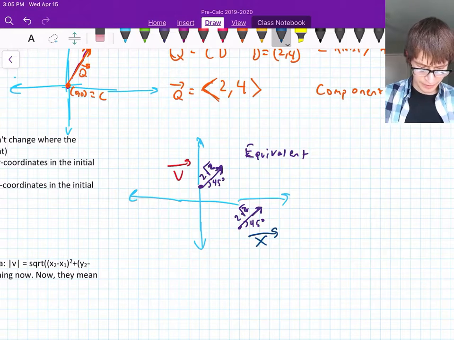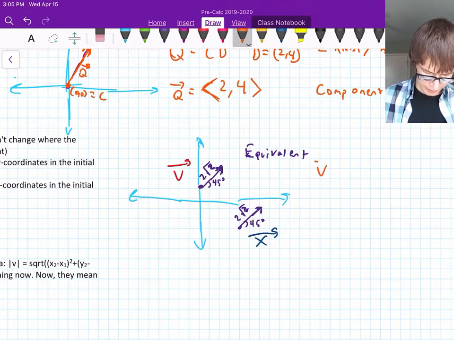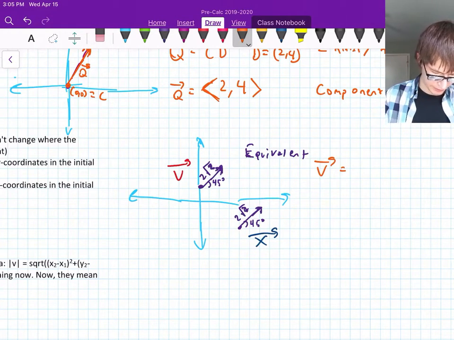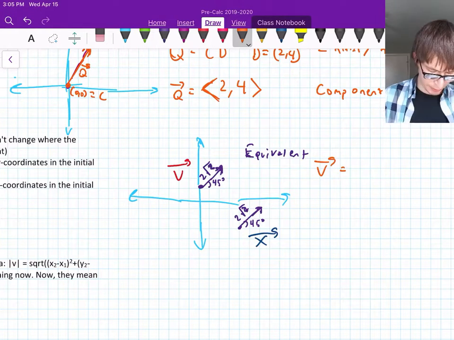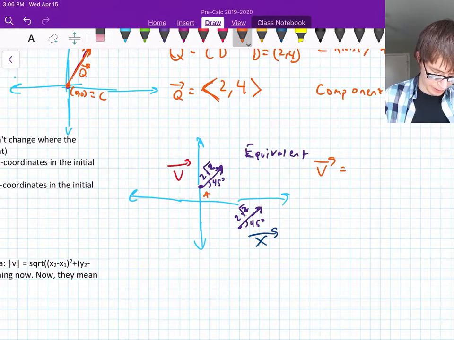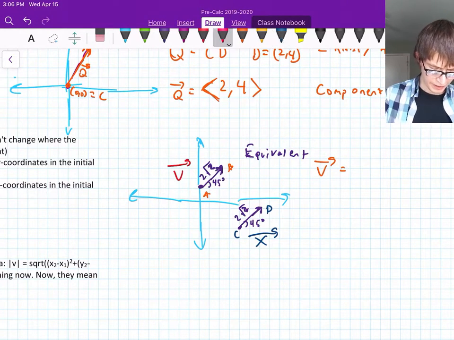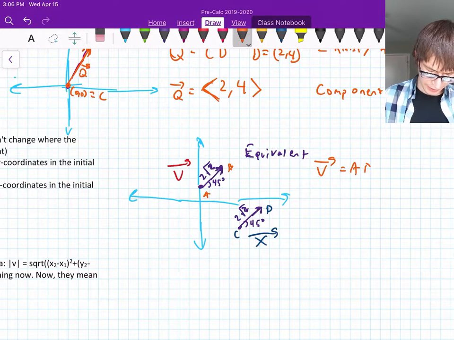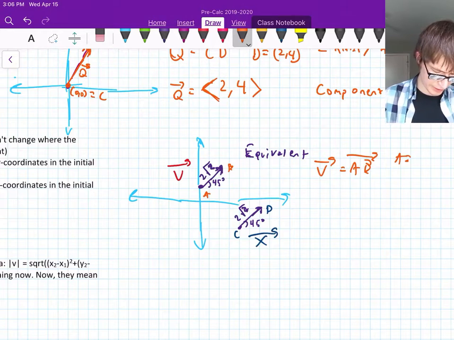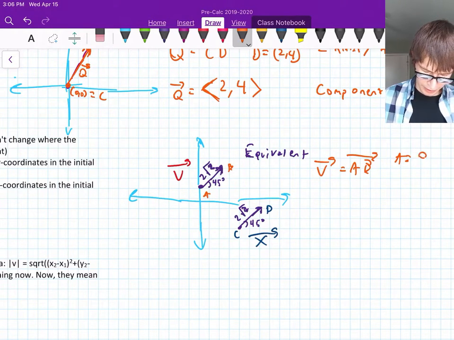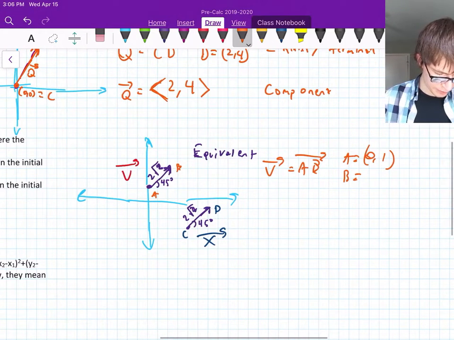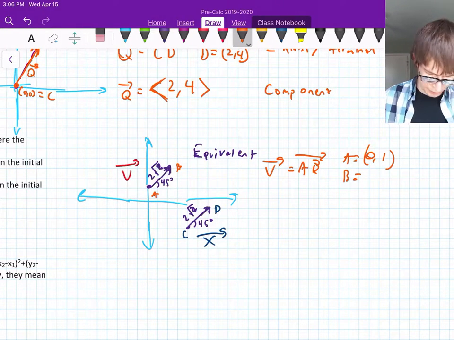Vector v has points a and b, and vector x has points c and d. I'm just naming some points here. Vector v goes from a to b, where a is 0, 1, and b is 3, 2, 3.